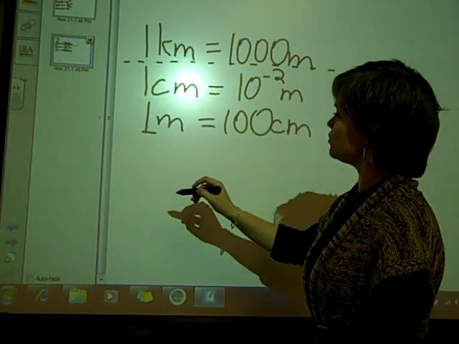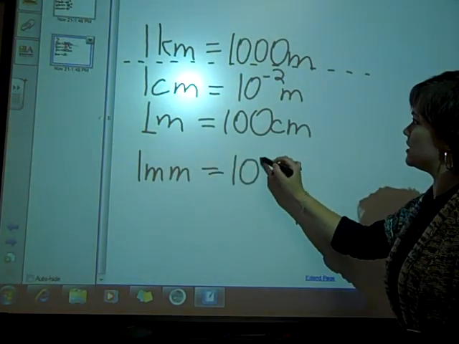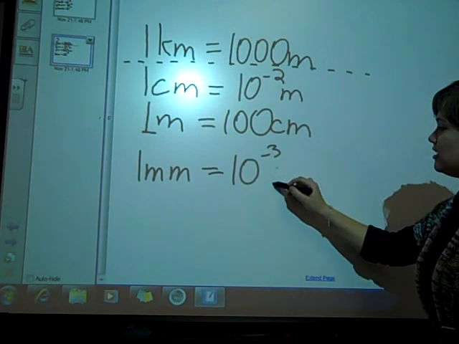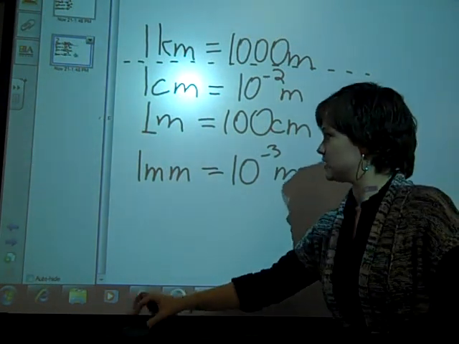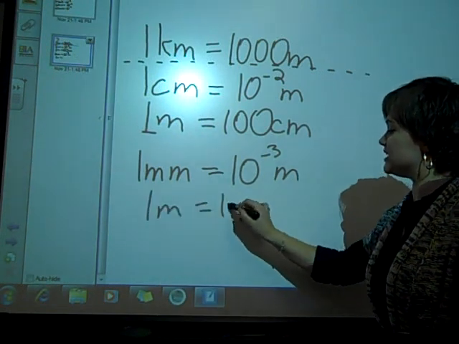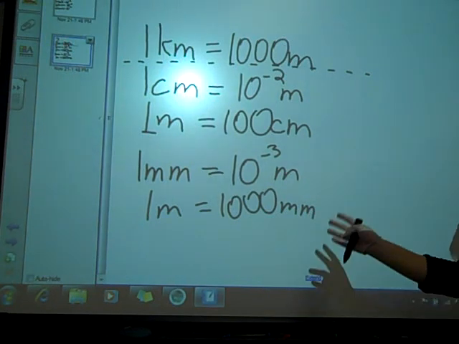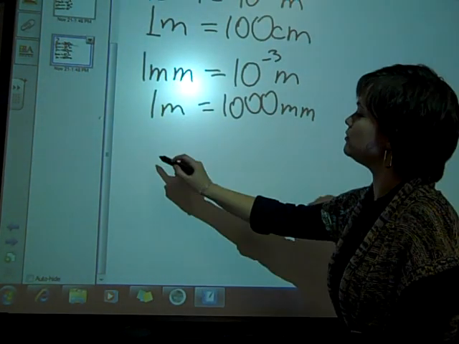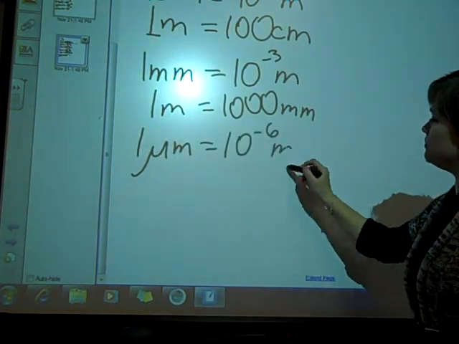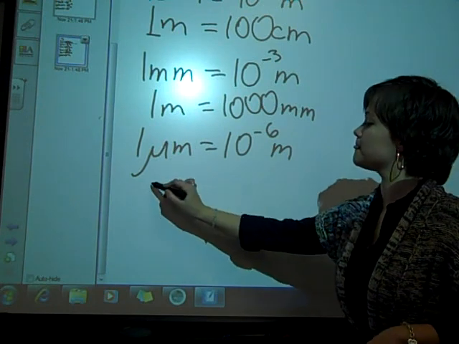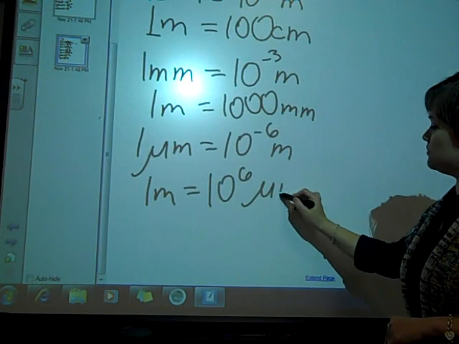If we proceed onwards, 1 millimeter is 1/1000th of a meter. Same deal. We can flip that around so that 1 meter contains 1,000 millimeters. Next one on our list was micro. 1 micrometer is 1/1,000,000th of a meter, or 1 meter contains 1,000,000 micrometers.